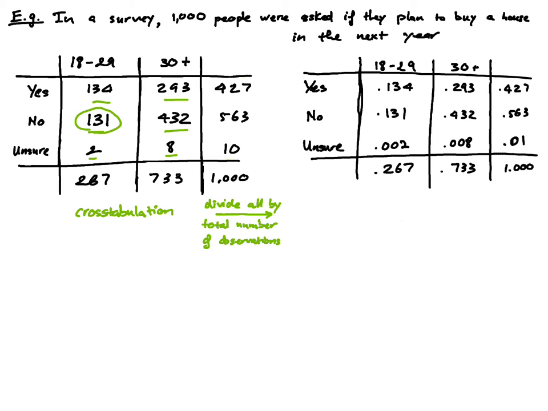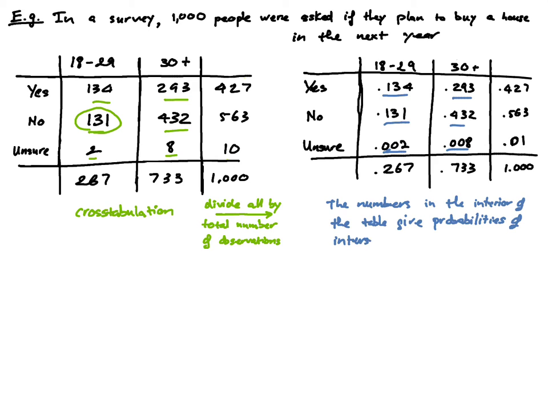Okay. Now, how do we read this table? For this table, the numbers in the interior give probabilities of intersections of events.